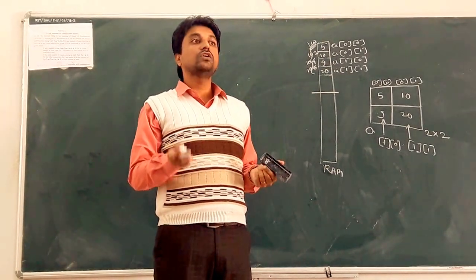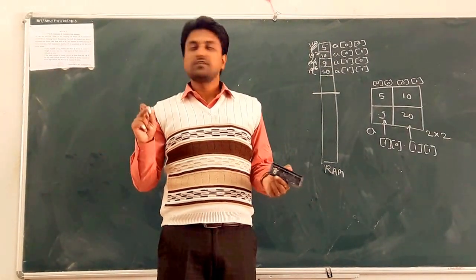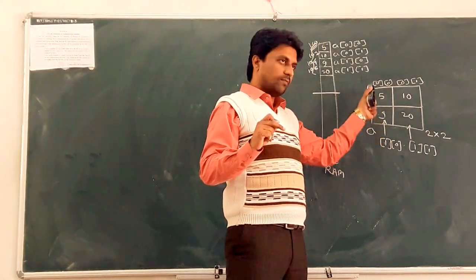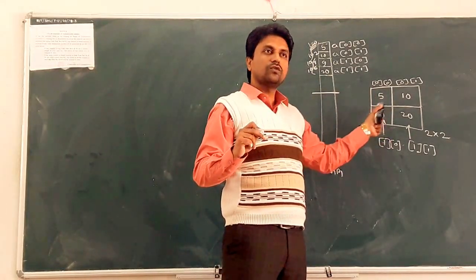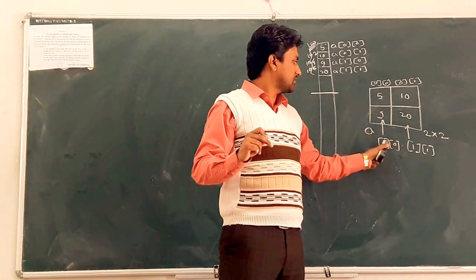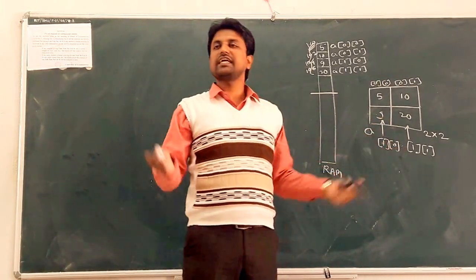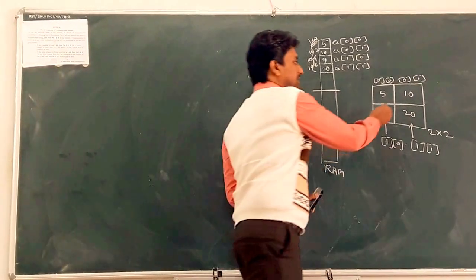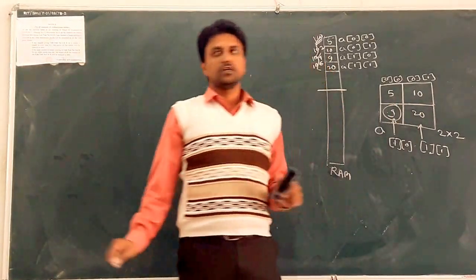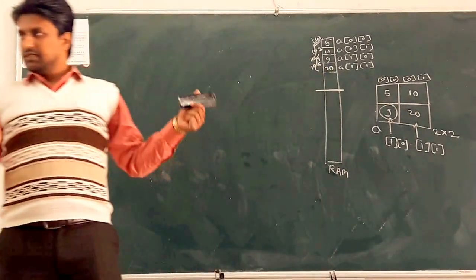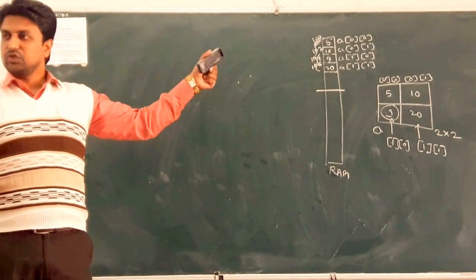If we want to display the value of the third element, the element in the second row, first column, that is index 1 0, then we can directly print it. Whatever the element may be, we can directly print it. Okay, clear? This is the memory management regarding two-dimensional arrays.